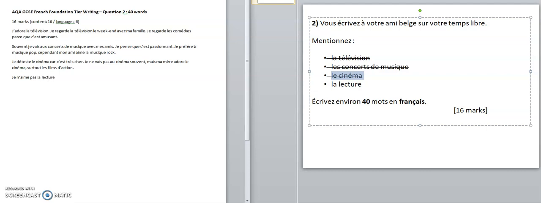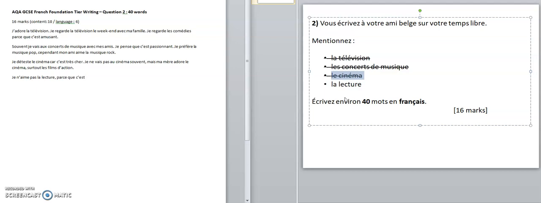Now remember, I don't know what I'm writing about. I don't know that it means reading. So I'm going to keep this very simple, but I'm going to make sure I use the word lecture out of the question. Je n'aime pas la lecture. I know it means I don't like whatever this thing here is. If I'm going to extend it and give a reason, I've got to be careful. If I say because it's boring, do I know for sure that this thing can be boring?